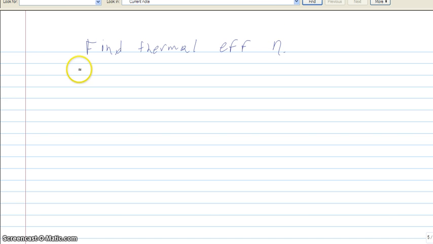For doing that, we're going to use equation 6.44, or look in your thermo book on page 503 for an isentropic ideal gas.